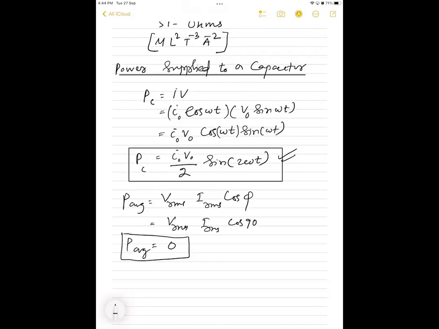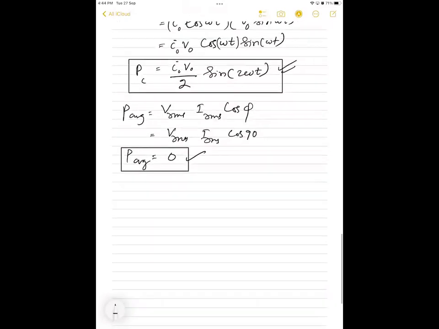P average is going to be zero, correct? तो हम ये लिख सकते हैं, no power is consumed in a purely capacitive circuit, correct? ठीक है? Sir, even for inductor, the average power will be 0. Yes, yes.